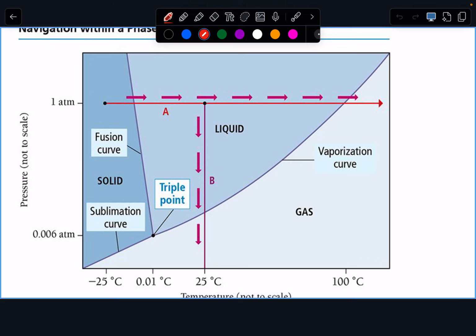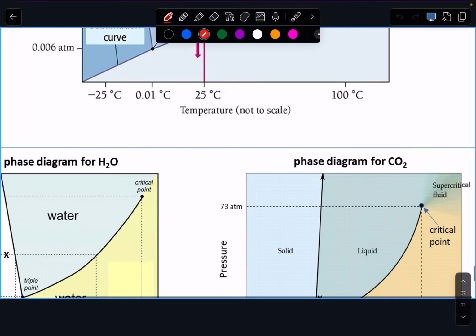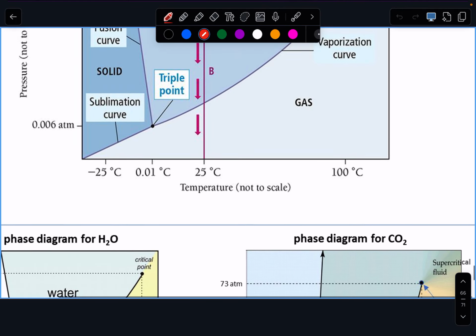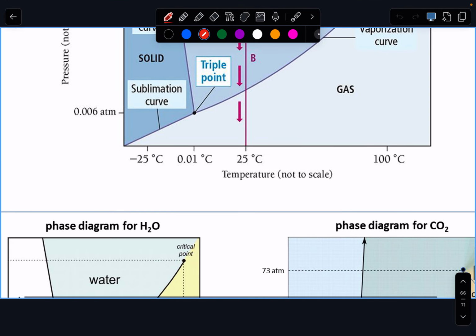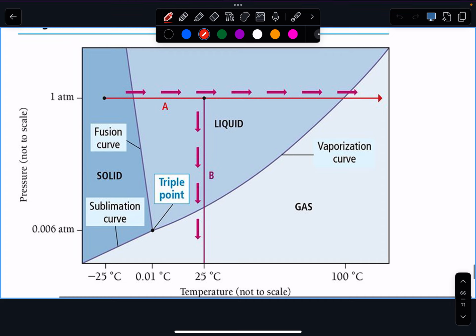Phase diagrams. Instead of explaining it to you in detail beforehand, I'm going to give you a brief overview, and then we're going to have these questions that walk you through how to read a phase diagram. And then we will recap all of the key points at the end.